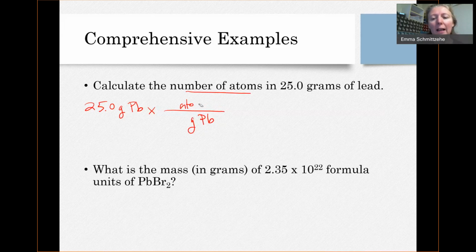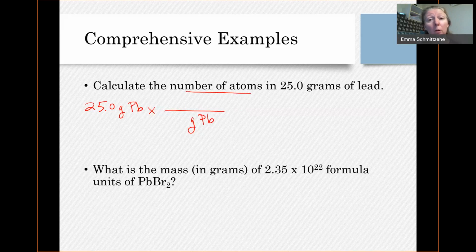So I'm going to erase that and know that eventually I still want to get to atoms, okay? But at the moment, I'm not going to do that. I'm going to think about, okay, well, my end goal is atoms. What can I relate to atoms? Well, what I can relate to atoms is moles. Because remember, Avogadro's number can link between moles and the number of particles.